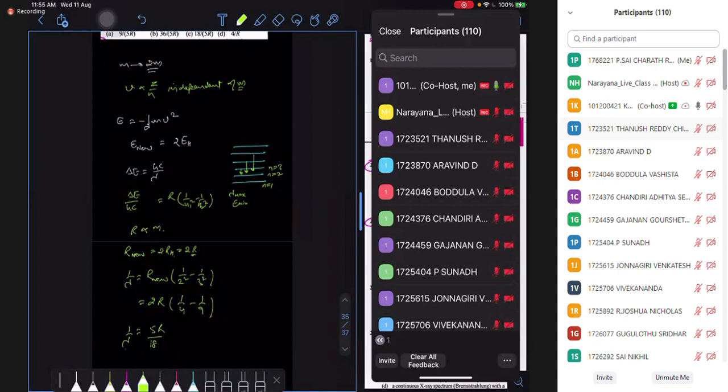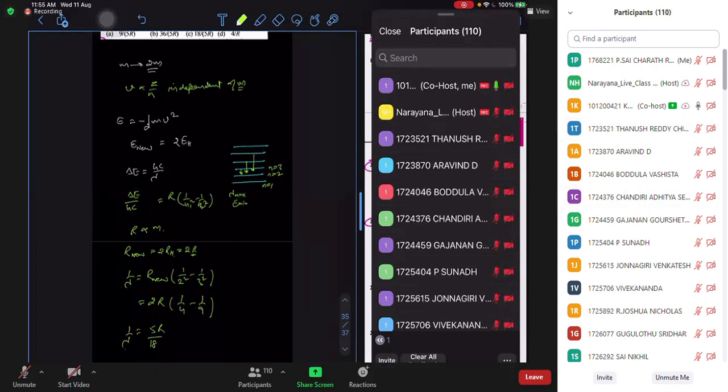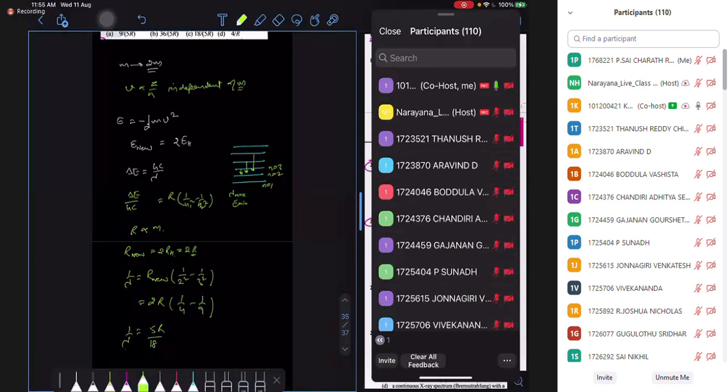A lot of questions can be easily approached by taking the help of proportionality. You need not remember the exact formulas, and you can derive the exact formula very easily.